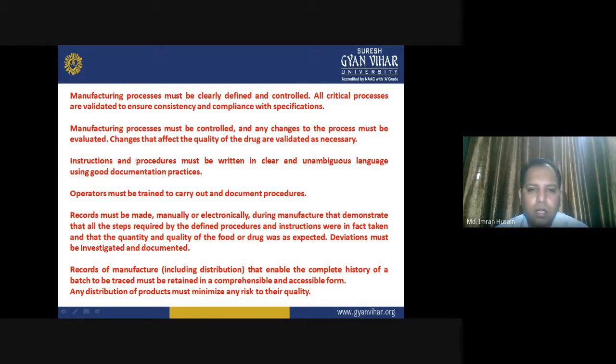Records must be maintained manually or electronically during manufacture to demonstrate that all steps required by the defined procedures and instructions were in fact taken. Records of manufacture, including distribution, that enable the complete history of the batch to be traced, must be retained in a comprehensible and accessible form.